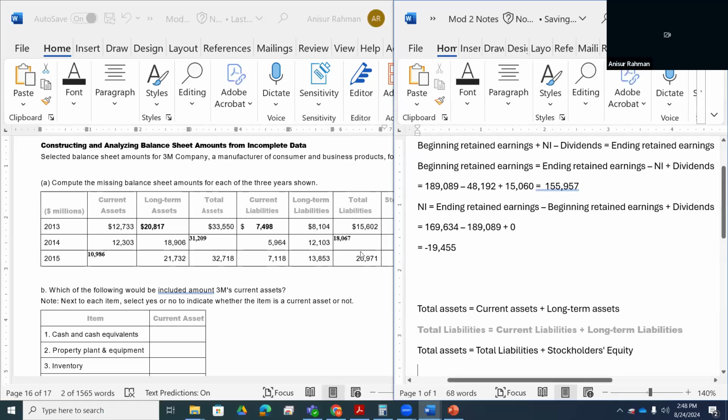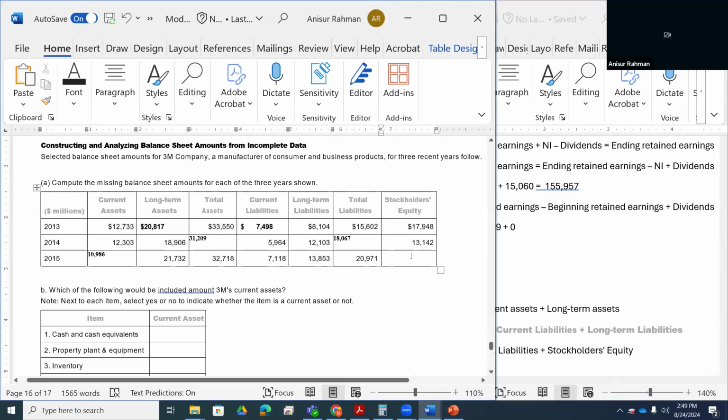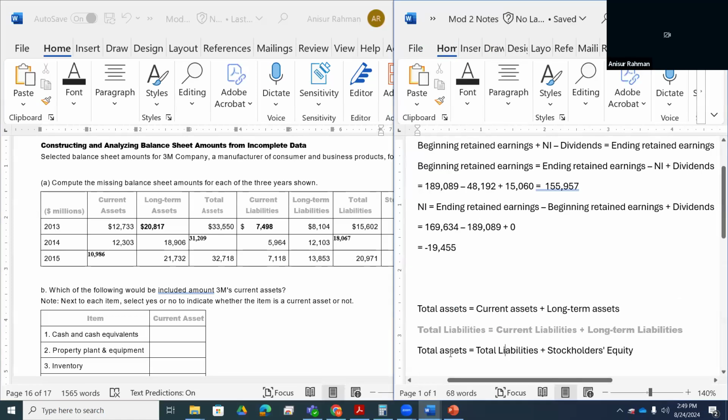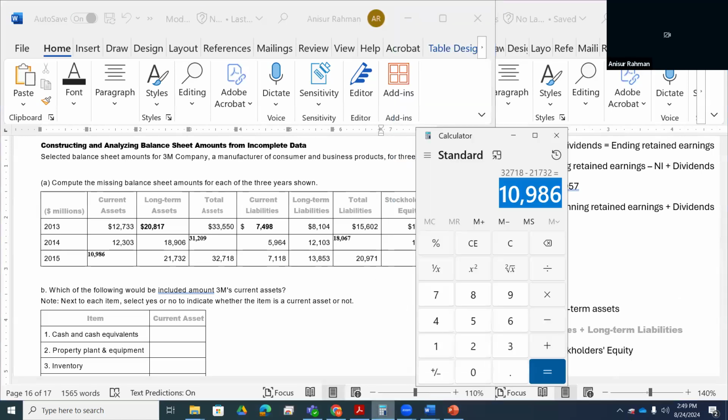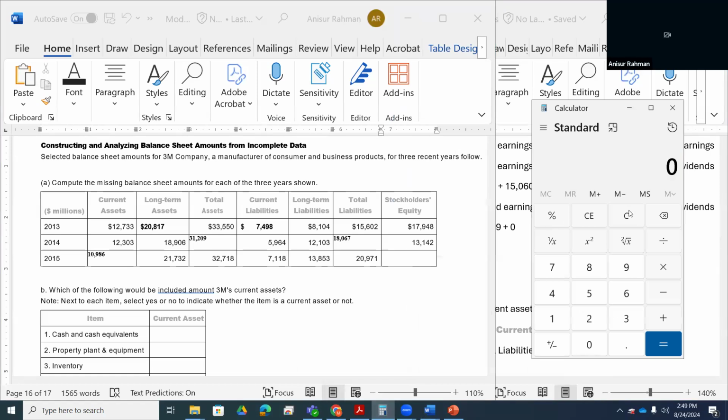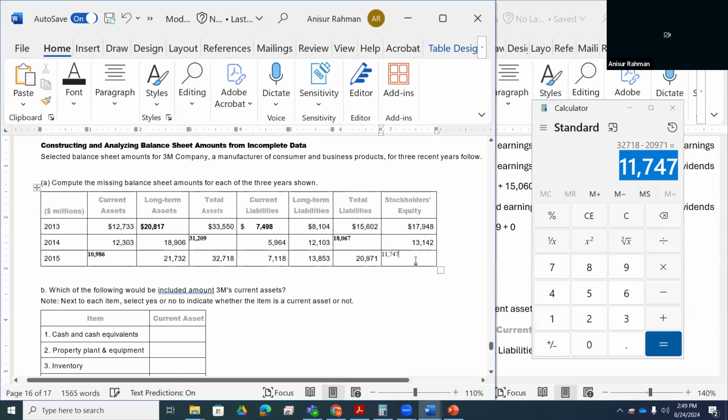So to find out the stockholders' equity, we need to subtract total liabilities from total assets. $32,718 is our total assets. $20,971 is our total liabilities. $11,747 is our stockholders' equity. Okay.